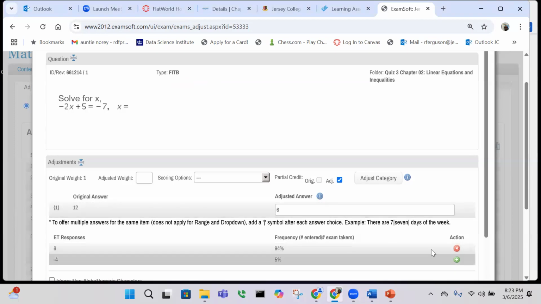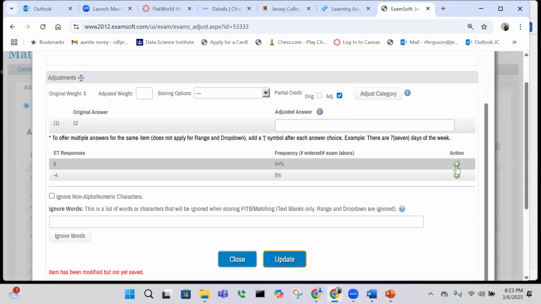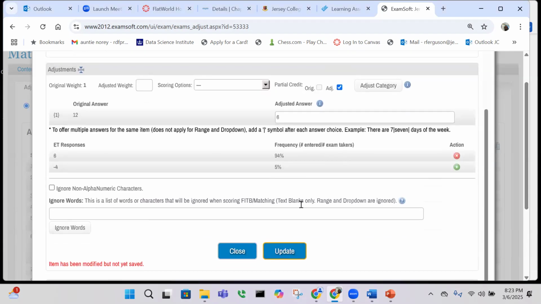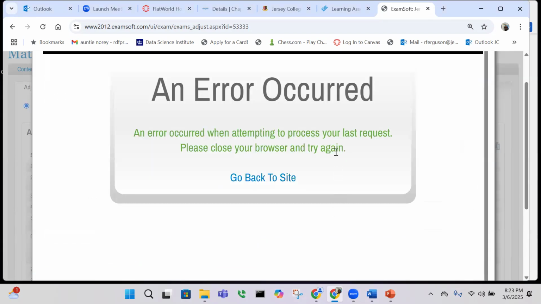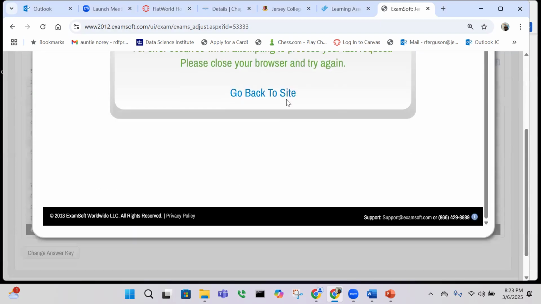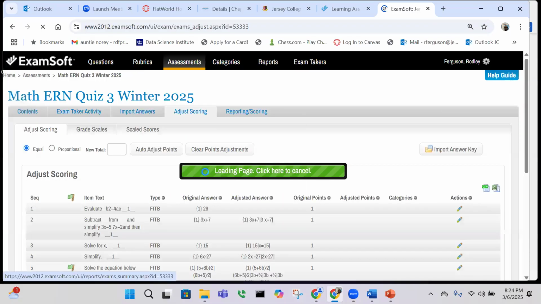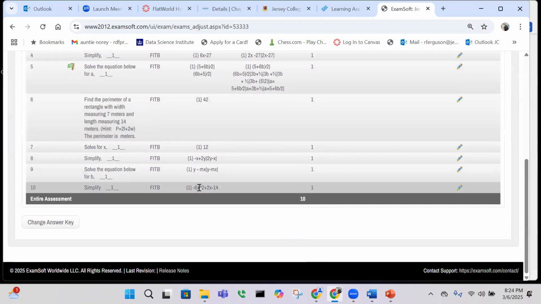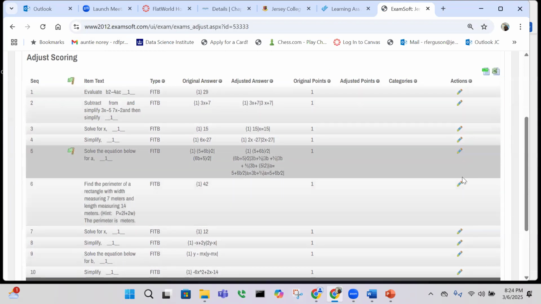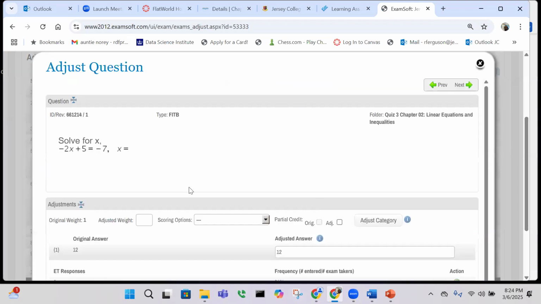And I check adjust score. Update. Oh man, what just happened? That was 12, this one.